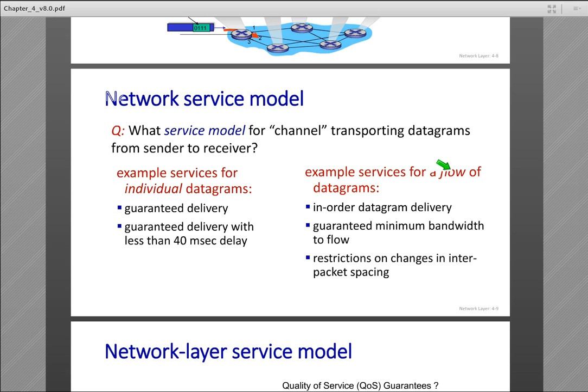A flow is a collection of packets with similar source and destination. So those packets should be sent into a similar path. It's completely clear because their source and destination are similar.